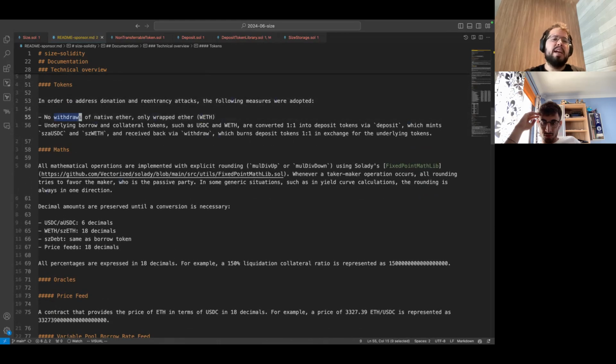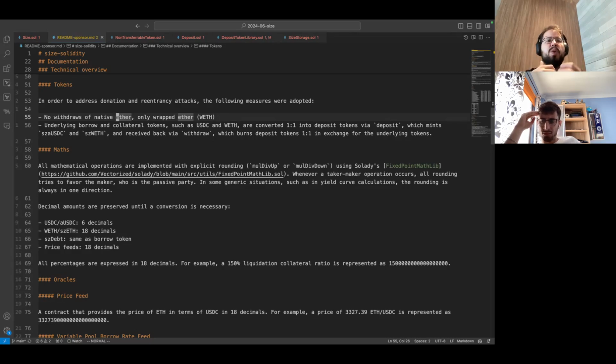This was another idea: we don't allow you to withdraw native Ether to prevent reentrancy attacks. And this was more like a simplification of our development process because we didn't want to worry about reentrancy at all.